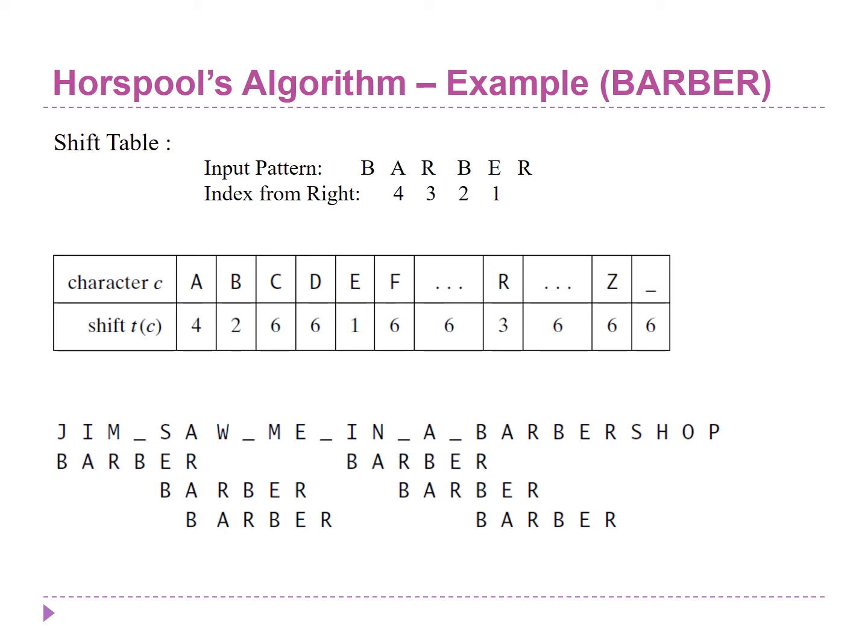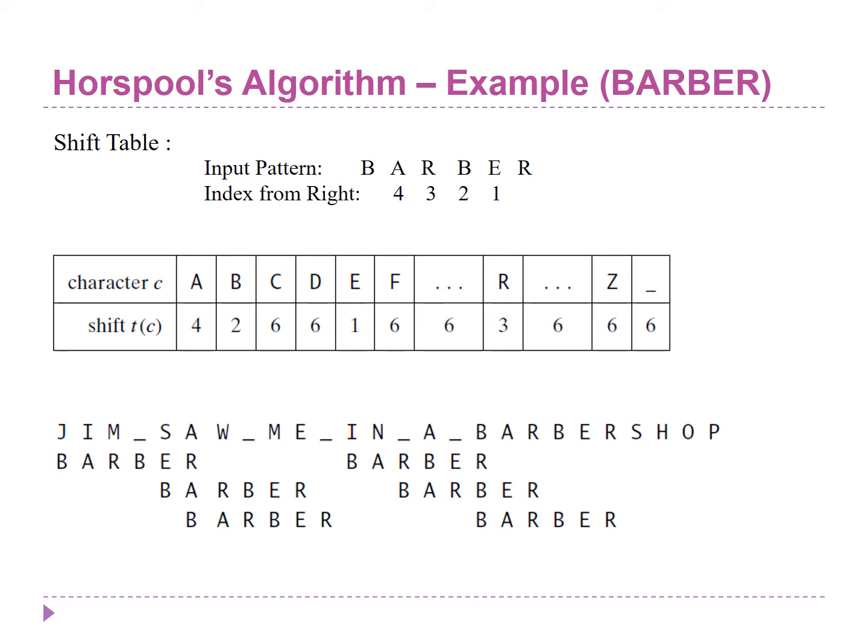The shift of the alphabets or characters that do not occur in the input pattern is equal to the number of characters in the input pattern. The shift of the characters that occur in the input pattern is equal to the distance of the rightmost occurrence of the character in the pattern, and it is recorded in the shift table.